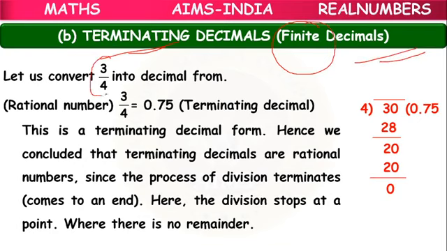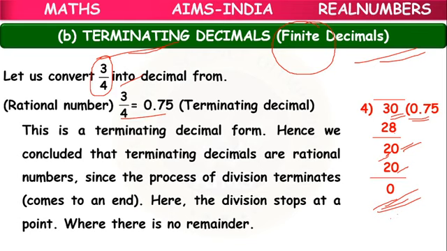Suppose we have 3 by 4. If we divide 3 by 4, 3 is less than 4, so we have to take 0 point and we can take 0 here. 4 7 times 28, 2 is remaining, we can keep 0 here. 4 5 times 20, remainder is 0.